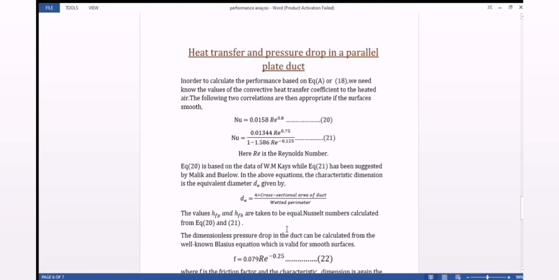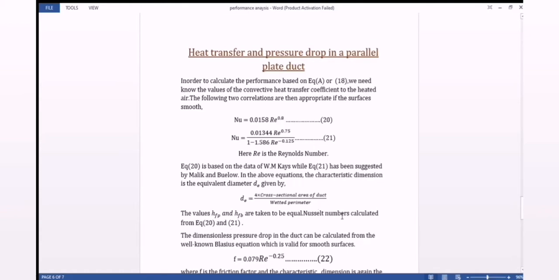Nusselt numbers calculated from equations 20 and 21 agree within 10% for Reynolds numbers ranging from 10,000 to 20,000. These values are normally obtained in solar air heater applications.